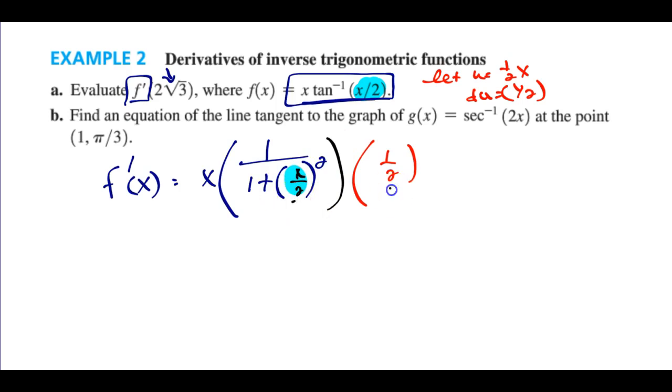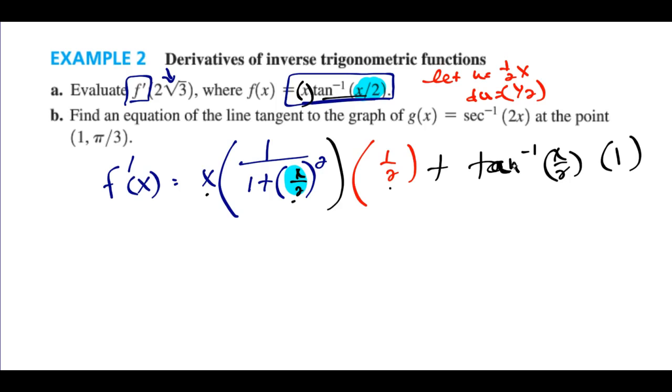Every time you have a u, you also have a du. So remember, I'm in the middle of the product rule because I've got a function times a function. So it's 1d2 plus 2 tangent inverse of x over 2 d1, which is just a 1, which I wouldn't even write, but I'll write it so you can see the entire product rule.